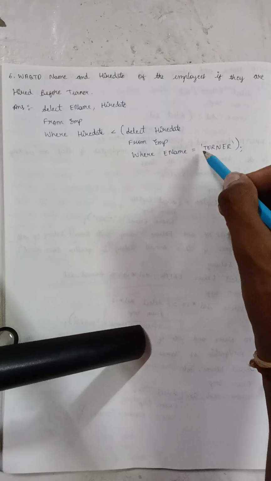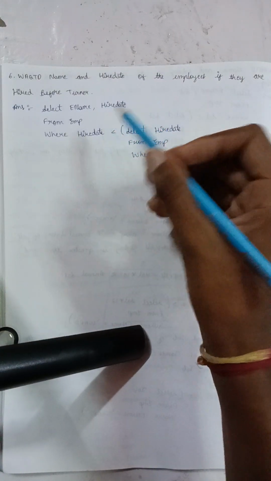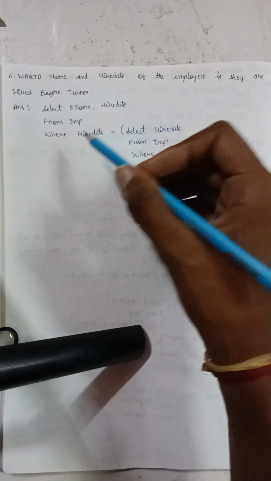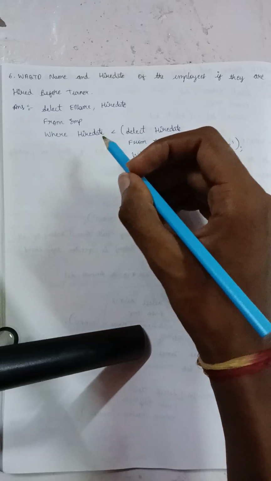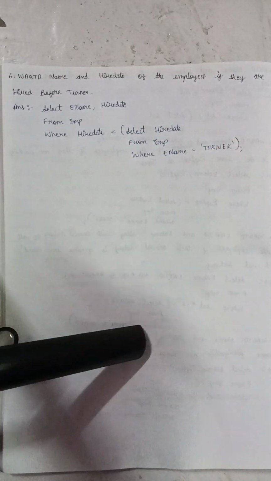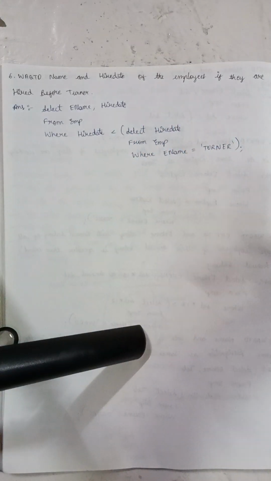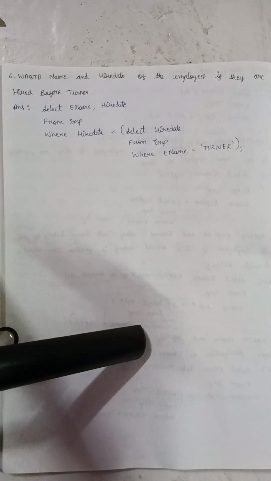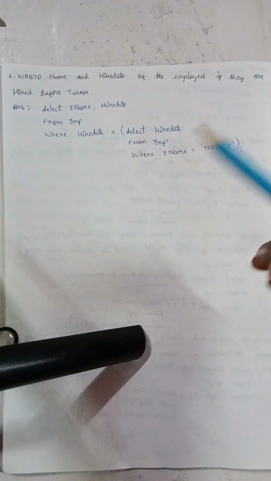So here we will get the hire date of Turner. Employees whose hire date is before that are the only ones considered, and all the others will be rejected. So we will get the employees who joined before Turner, and only they are displayed.